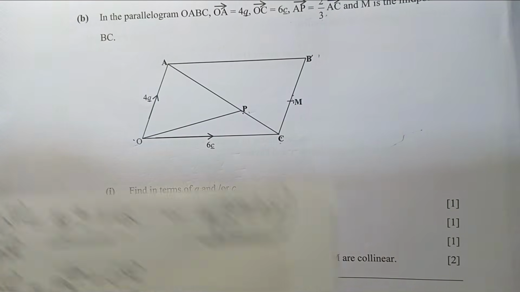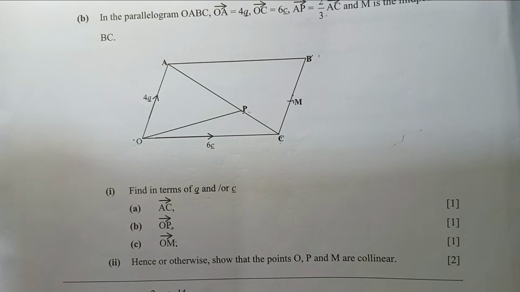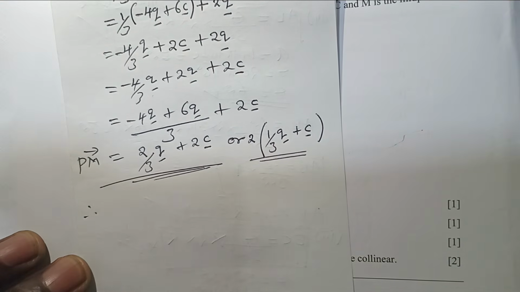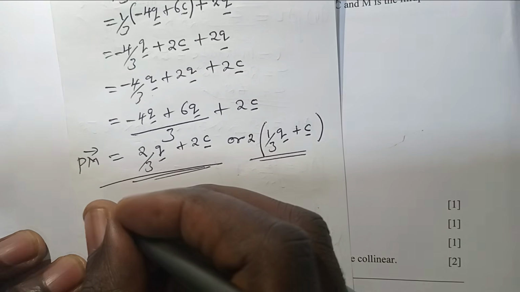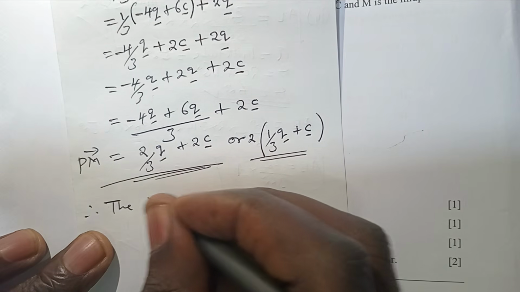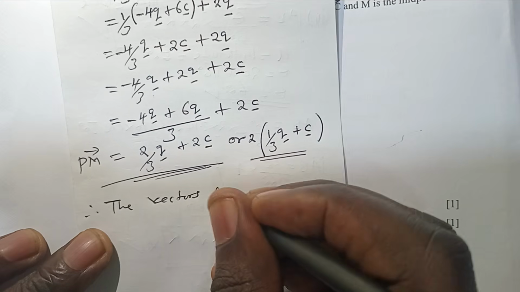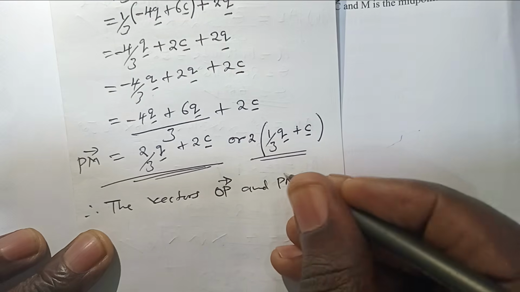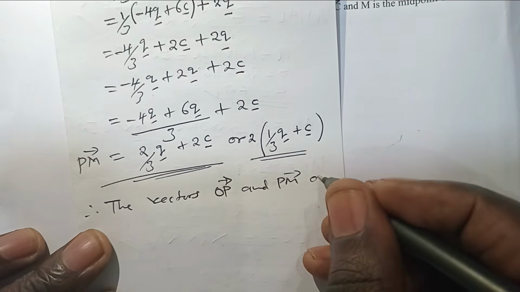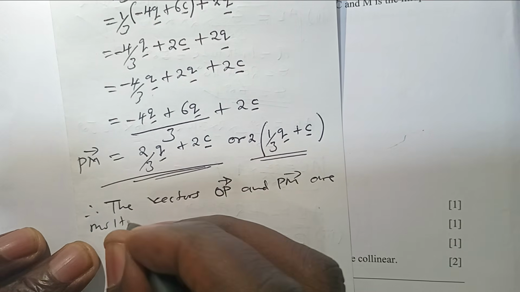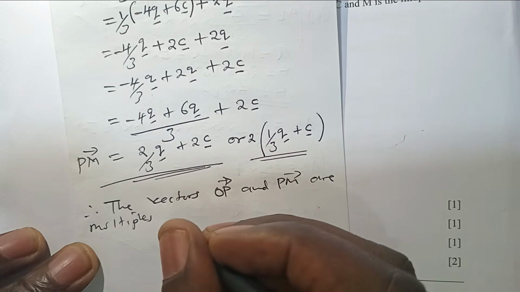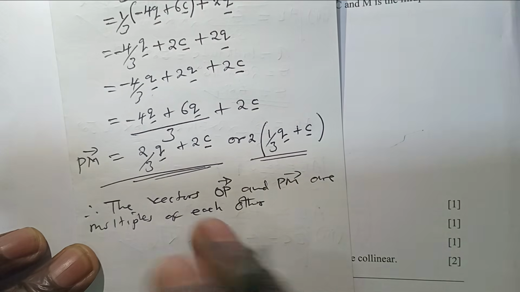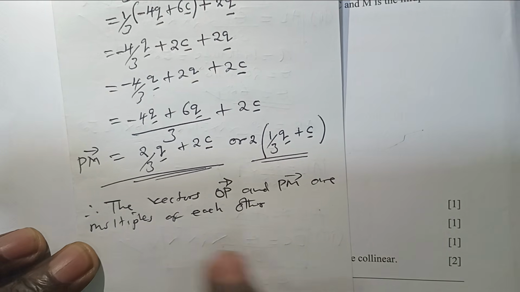So in concluding this part, for showing that these points are collinear, we are going to say, therefore, the vectors OP and PM are multiples of each other.